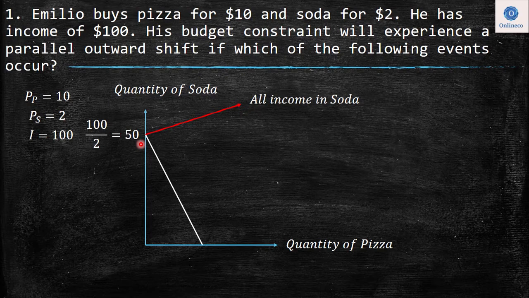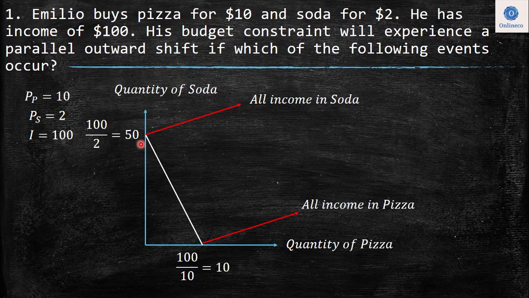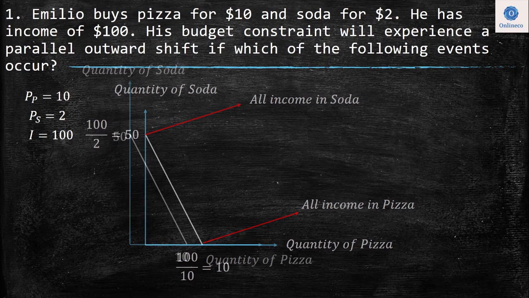It could be 50 cans if you want. The other intercept should be the income over the price of pizza, 100 over 10, which gives 10. This is the case where all income is spent on pizza. So this is how we can represent the budget constraint.